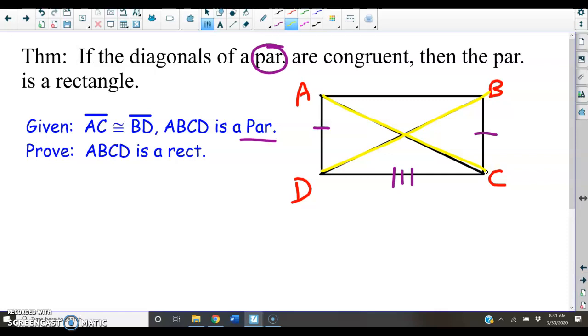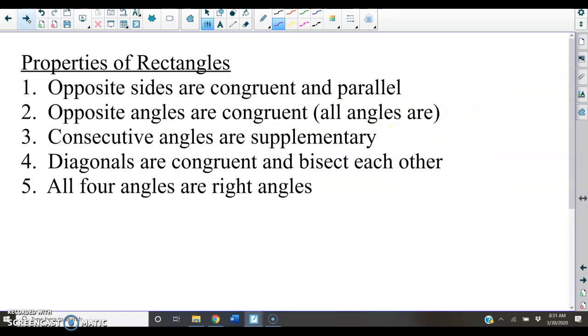Okay, so those triangles are congruent by side, side, side. Then these corresponding angles are going to be congruent and make it a right angle. So if the diagonals are congruent, then your parallelogram is a rectangle.